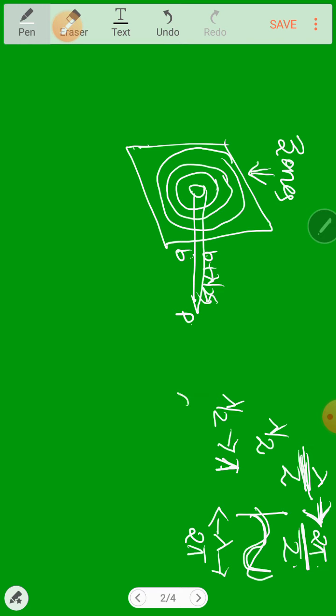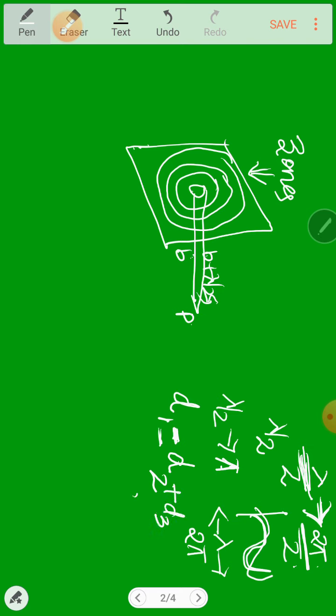That is, if the amplitude from the first zone is D1, the second zone will have an out of phase amplitude, that is minus D2. The sign will be minus. Again, the third one will be out of phase with the second, that is minus into minus, plus D3.